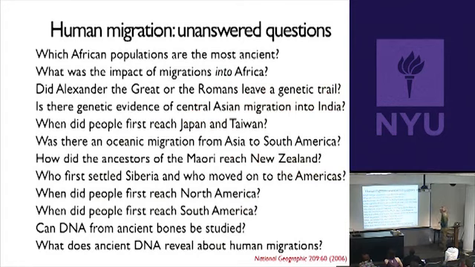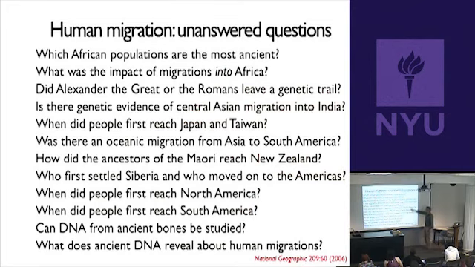Did particular historical events, like the conquests of Alexander the Great or the Roman Empire, leave a genetic trail? Is there genetic evidence of Central Asian migration into India? So how did India get populated? Was it up into Central Asia and then back down, or was it along the southern coast?